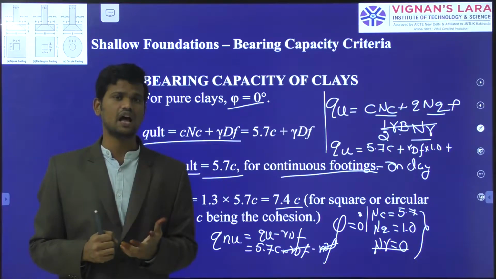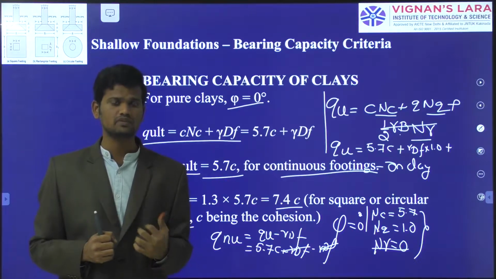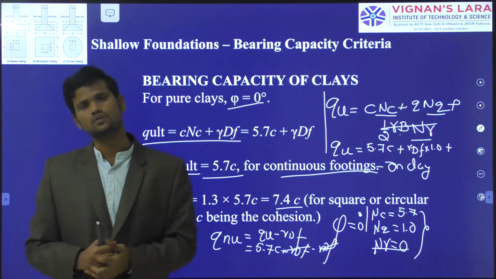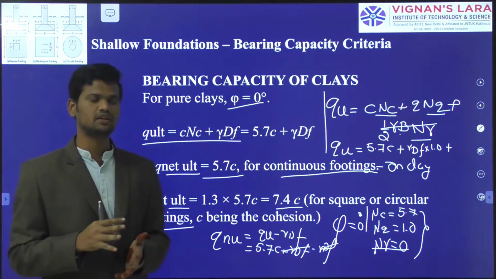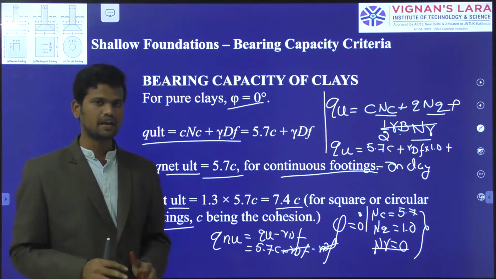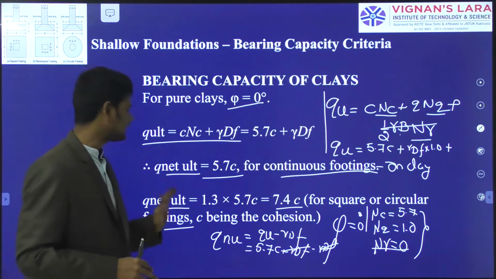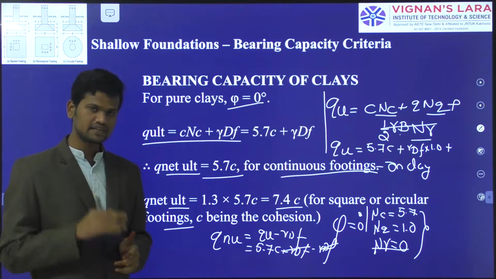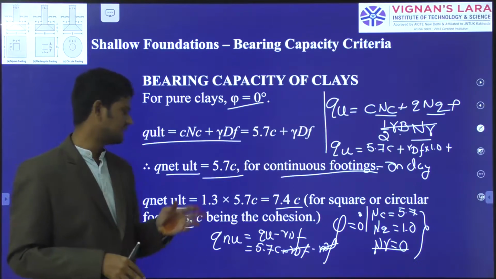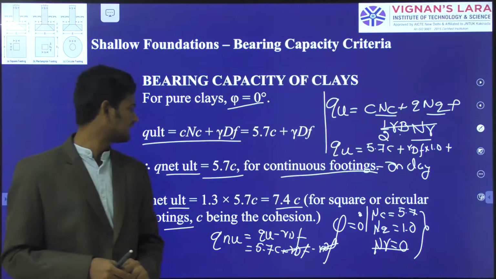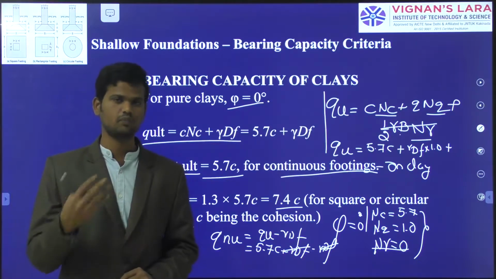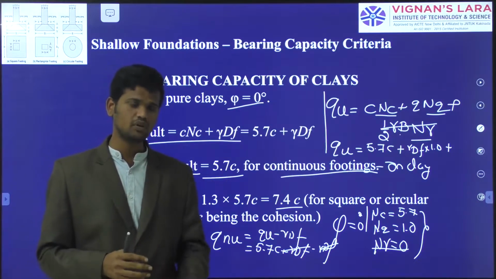This type of problem they won't ask in descriptive examinations, but there are chances of it being asked in objective type questions. They will give the dimensions of the footing and all the parameters, and just ask you to calculate the net ultimate bearing capacity in pure clayey soil. In that situation, directly use the formula 7.4 into c, where c is the cohesion of the soil below the base of the foundation.